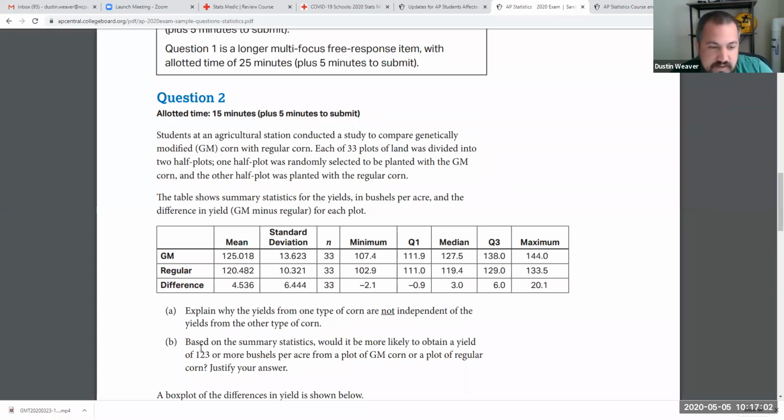Okay, let's go to part B. Based on the summary statistics, would it be more likely to obtain a yield of 123 or more from a plot of genetically modified corn or a plot of regular corn? So which one is more likely to give you 123 or more?